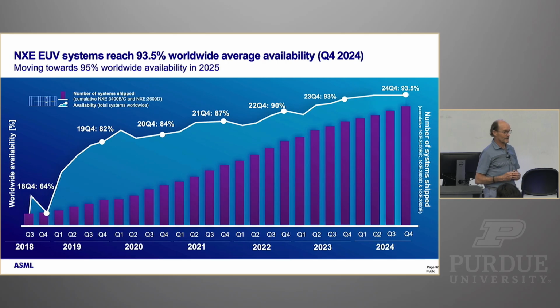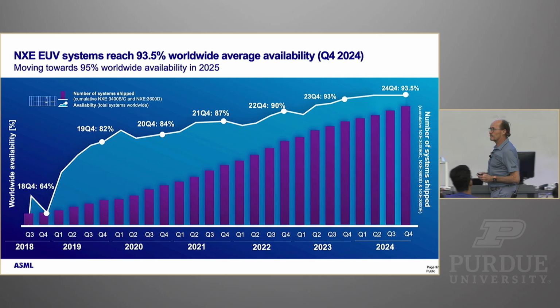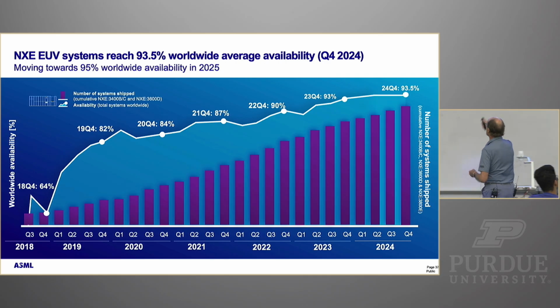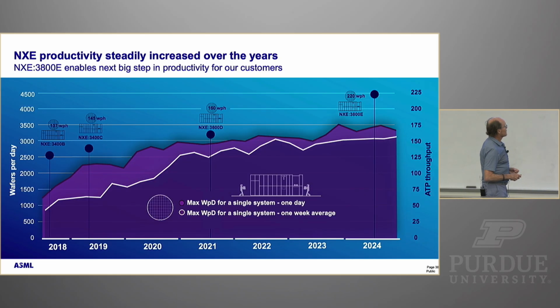And the other 40% of the time, we're fixing it. Are you going to be happy with me? No. So it's very important for us to drive that availability up. You can see now that worldwide we're at 93.5%. That's pretty amazing for complex technology. As a consequence, the number of wafers per day that we can process on one scanner is now approaching 3,000 wafers per day. That all goes into that productivity.